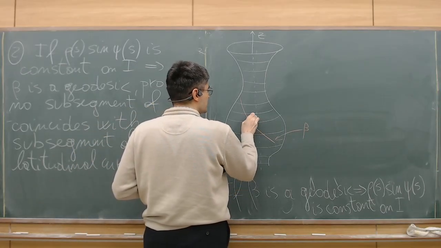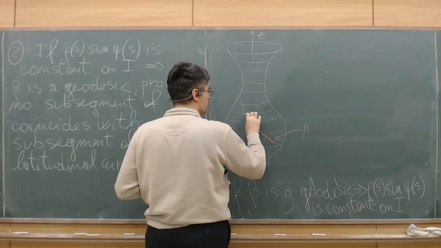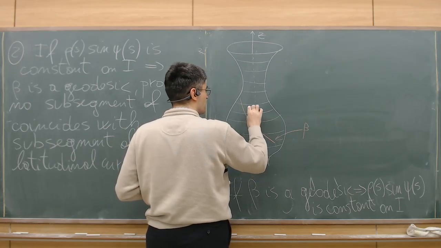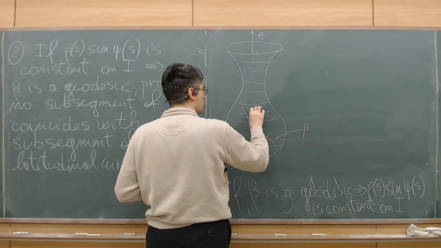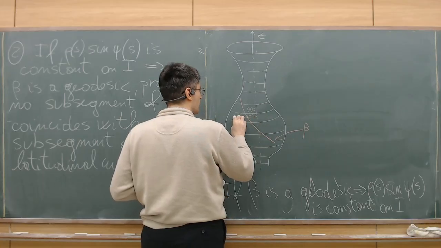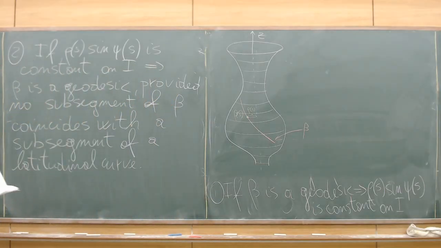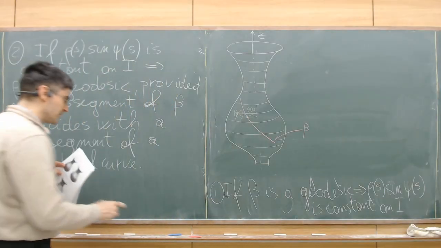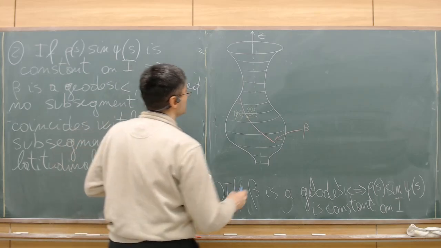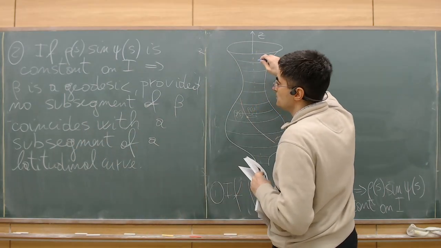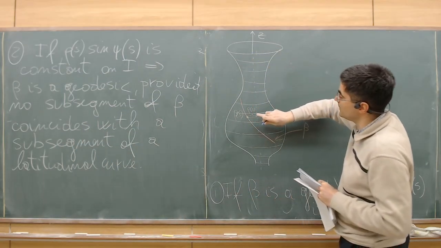Then rho of s is this distance. And what is psi of s? Psi of s is the angle made with the longitudinal curve passing by beta.